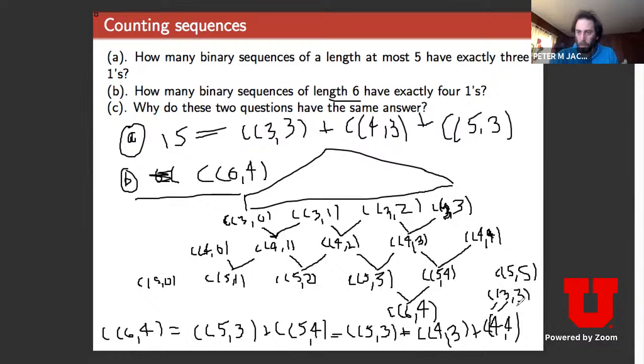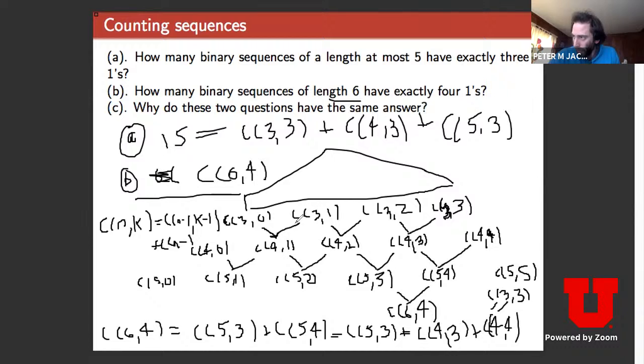So Pascal's triangle is expressing an equality, which is that n choose k is equal to, going up to the previous row, n minus 1 choose k minus 1 plus n minus 1 choose k.